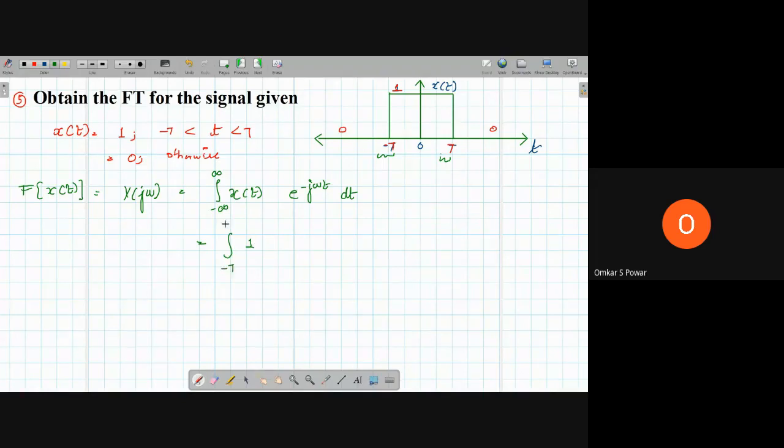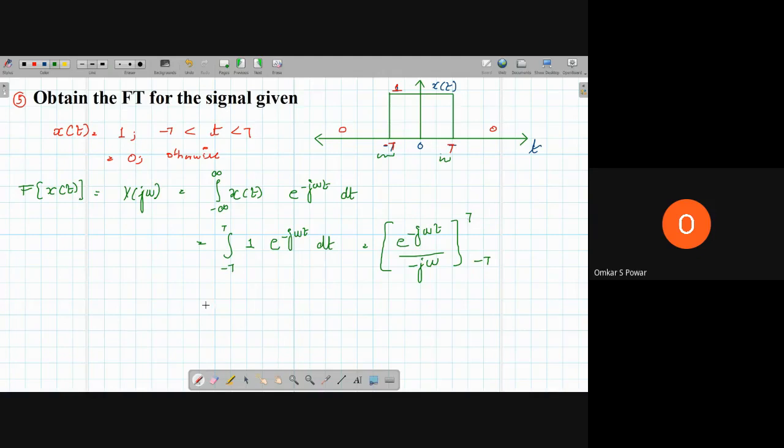The limit varies from minus T to T because it is defined only for minus T to T. If you take all the other cases, it is 0. So integral of e power minus j omega t dt. What is the integral of e power minus j omega t? e power minus j omega t divided by minus j omega over the limits minus T to plus T.